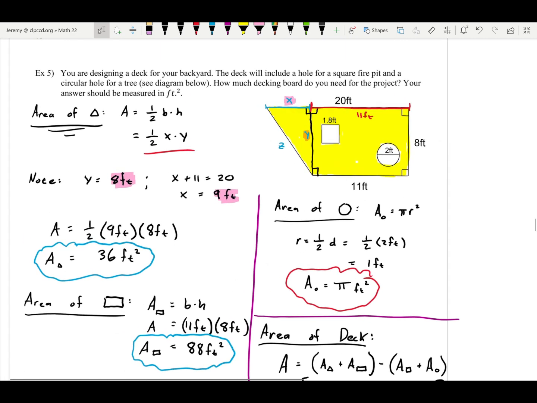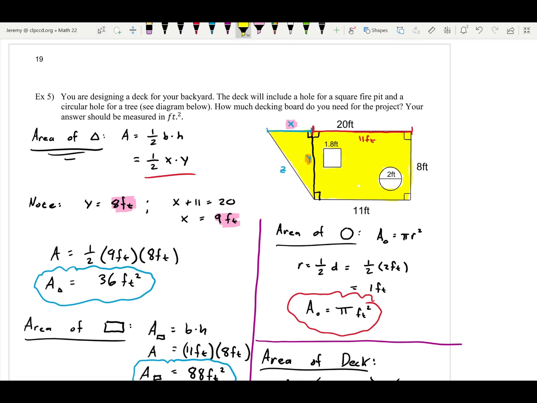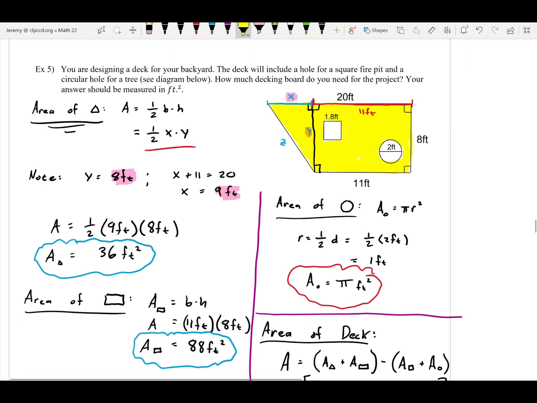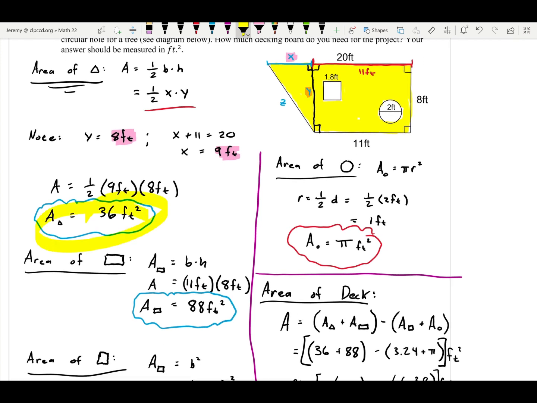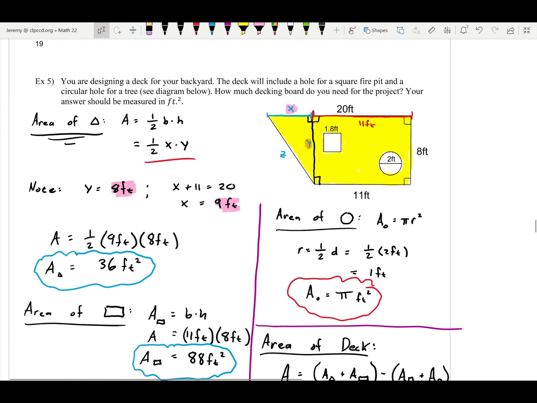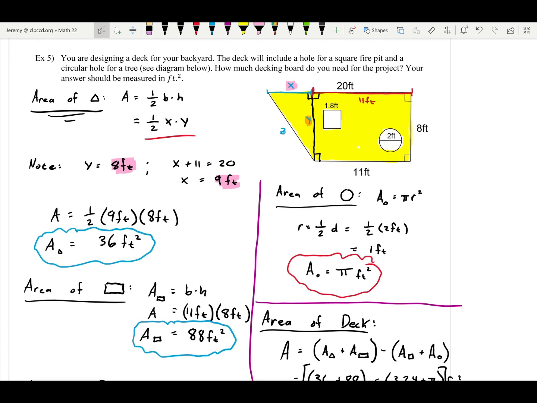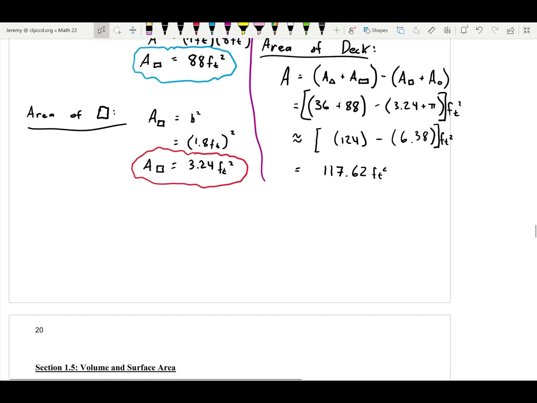Just looking back to the problem, I like to go back and check and make sure I'm actually answering the right question, not ending too soon. Sometimes I find students putting boxes around answers when really they just found the area of the triangle and forgot that there's much more to the problem. But we were just asked to find how much decking board we need for the project, answering this question using units of feet squared, and that's what we ended up with.